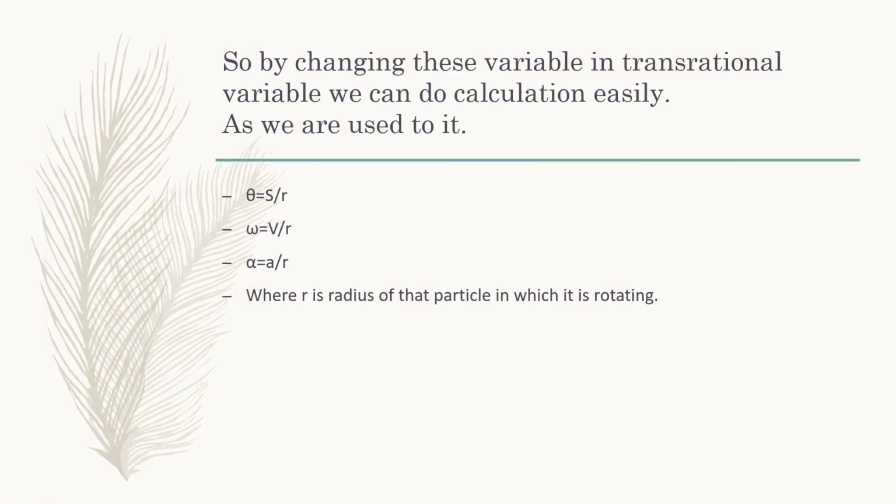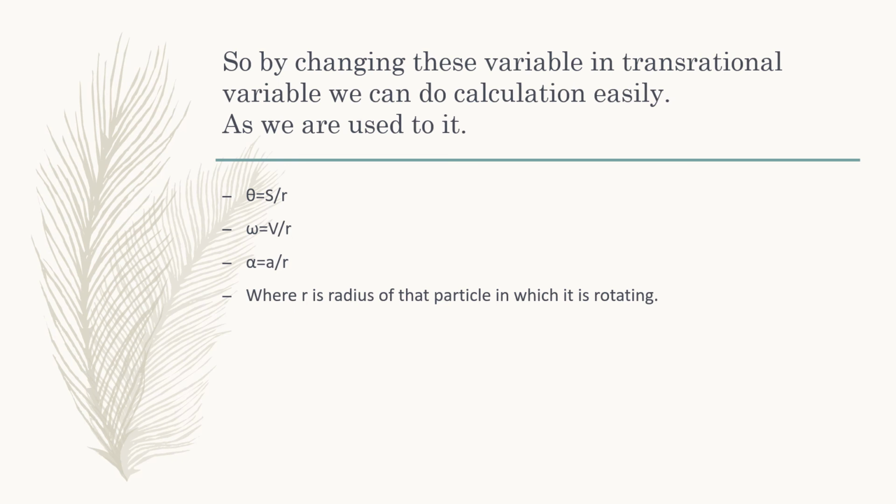So by changing these variables into translational variables, we can calculate easily as we are used to it. We are converting the rotational variables into translational variables. We can write theta equals displacement upon radius, omega equals velocity upon radius, and alpha equals acceleration upon radius, where r is the radius of the circle in which the particle is rotating.